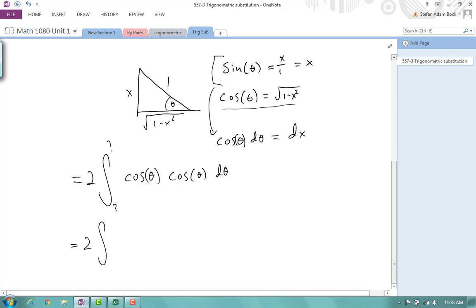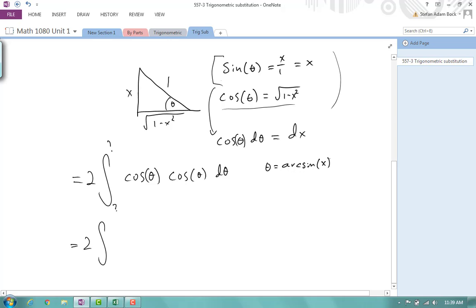Notice that if I were to attempt the bounds on this, I would have to solve one of these upper equations for theta. I could probably do that with the sine of theta, so I'd be looking at theta equal to the arc sine of x.